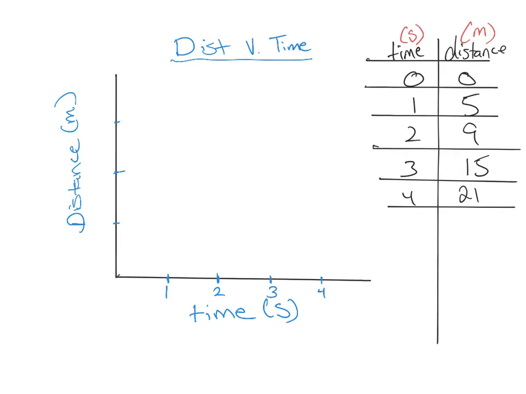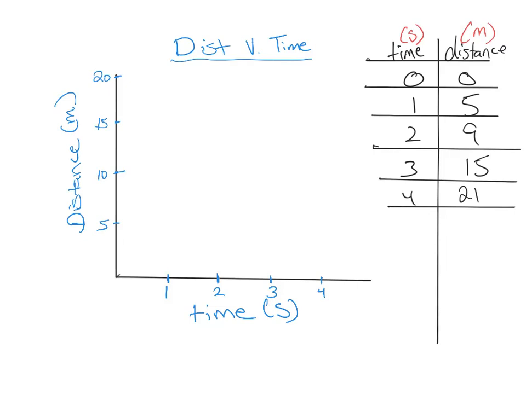I've got a ruler here and I'm going by an inch. I'm doing the same thing here, but instead of going by ones, I'm going to go by 5s. So I'm going to do 5, 10, 15, 20.